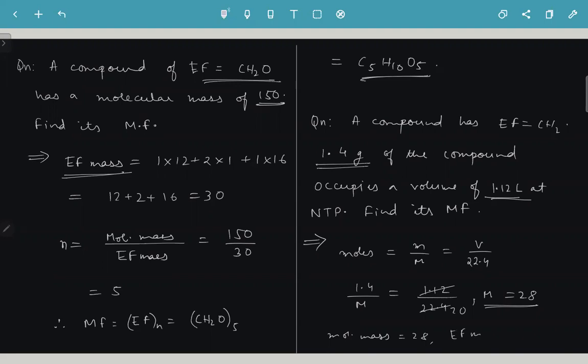Empirical formula mass we will calculate. One carbon, 2 hydrogen, so 12 plus 2 is equal to 14. So molecular mass is calculated, empirical formula mass is calculated. We'll divide them to get the value of n.